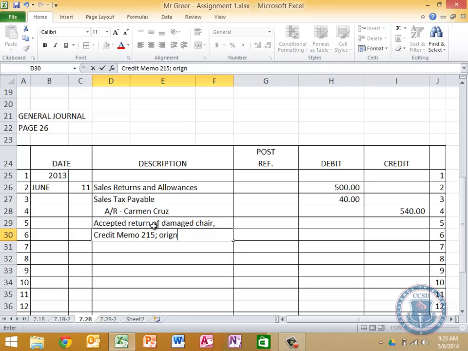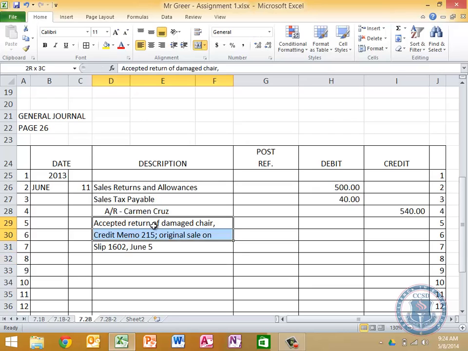Original sale was on slip 1602. Is that right? 1602, June 5th.